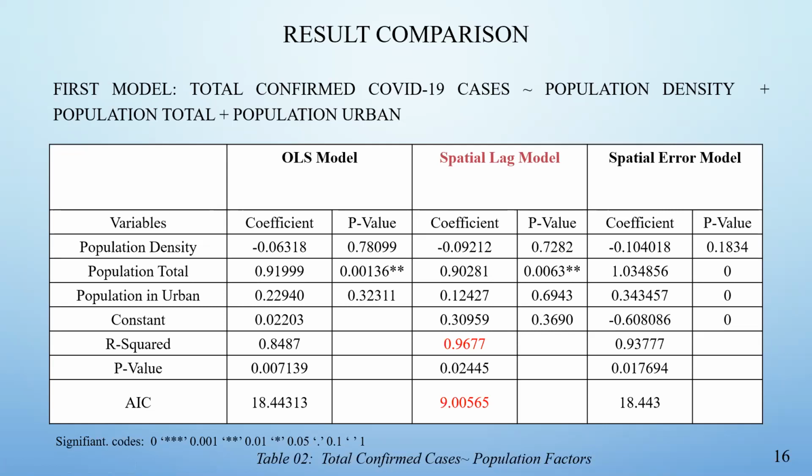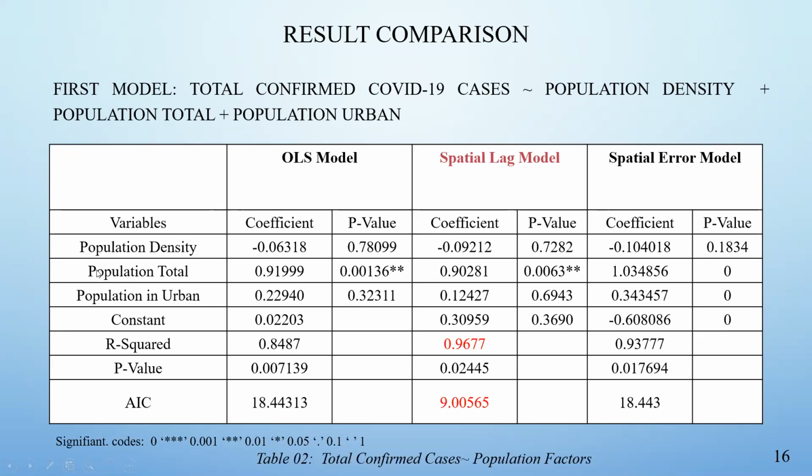As I stated before, I expected a positive correlation in all three variables, but as we notice, population density came out with a negative coefficient in all three models, which did not support our hypothesis.